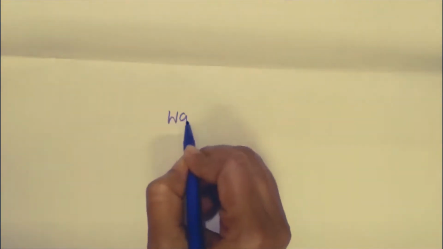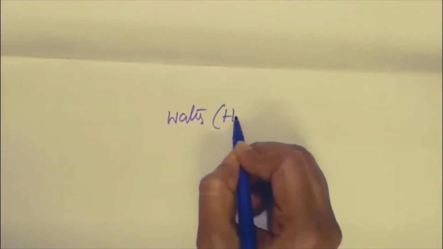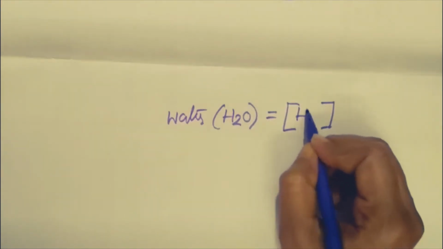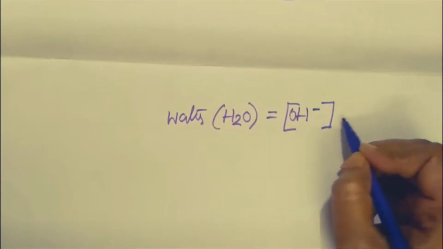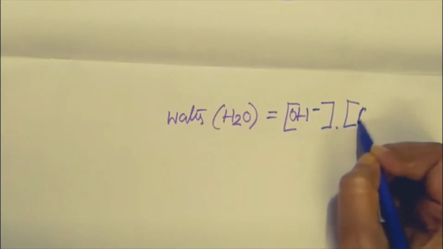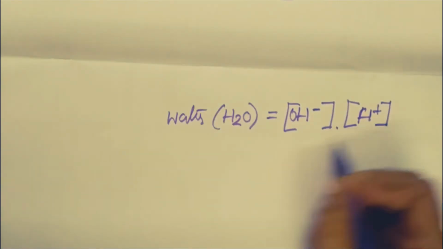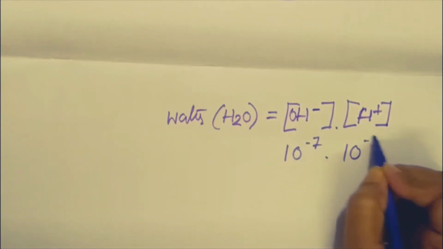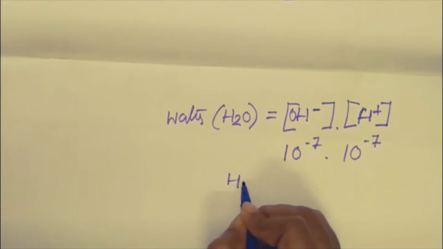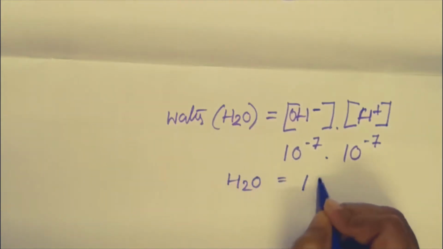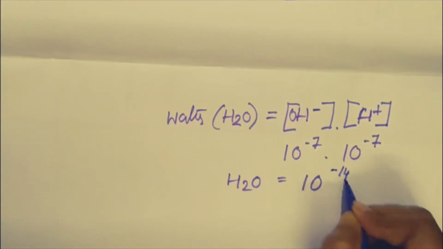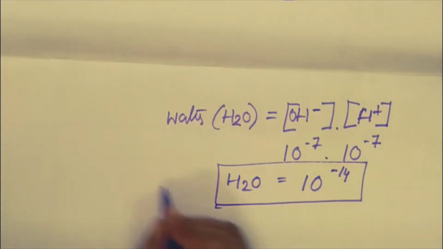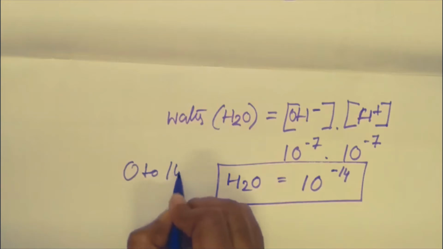For water molecules, H2O, we get the OH minus ion and the H plus ion, both 10 to the power minus 7 and 10 to the power minus 7. So the product is 10 to the power minus 14. That's why the pH scale in water-based solution ranges from 0 to 14.